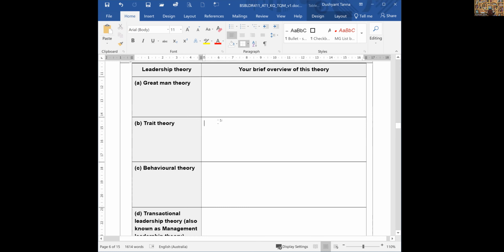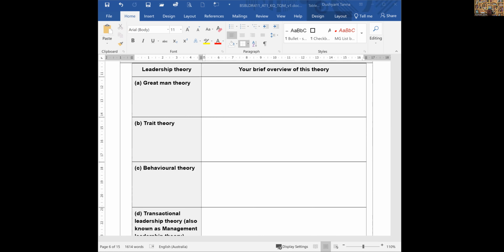This theory proposes there are certain traits required for someone to be a good leader. Again, you just type in trait theory and Google will give you good information.